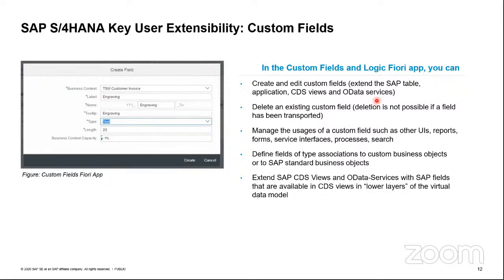We saw there are a lot of BAdIs given for managed bank accounts, but it could be our release, which we were running on 1809, that was missing some notes where there were no validations happening on these custom fields. After we got a note from SAP, those BAdIs started triggering. Then we were able to add all those validations for these custom fields, and push back those error messages onto the application.